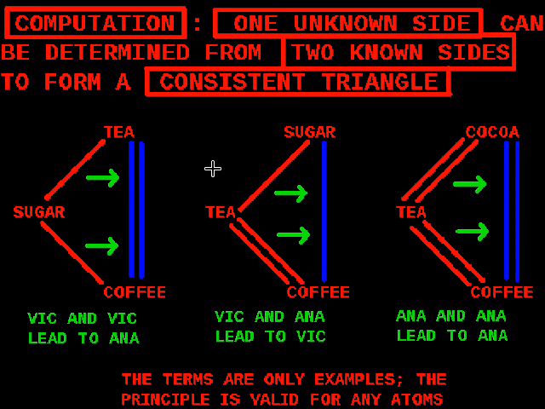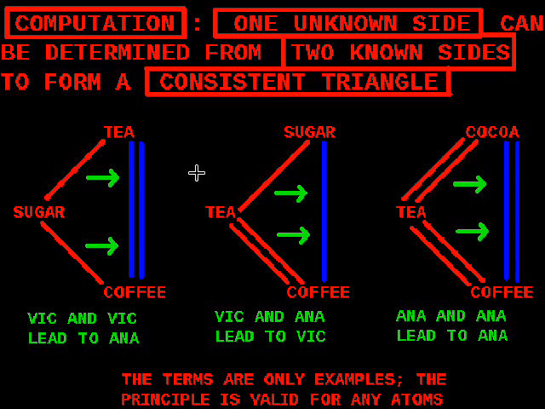As I mentioned, you can compute one unknown side, and you can compute it in that way that you take 2 known sides and try to make it a positive triangle. Why? Because you want obviously to create something consistent.